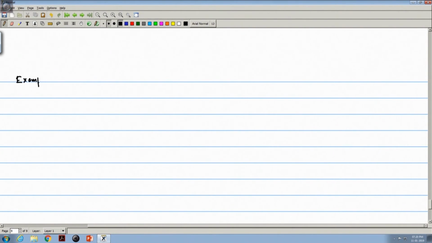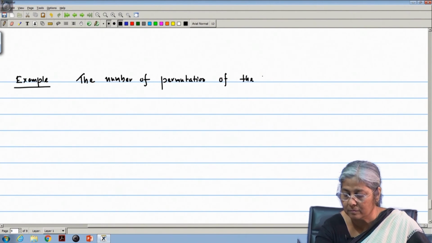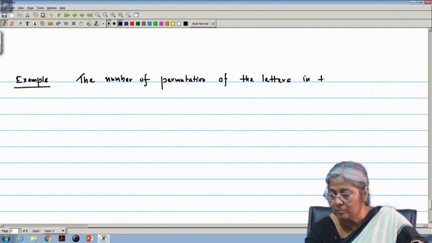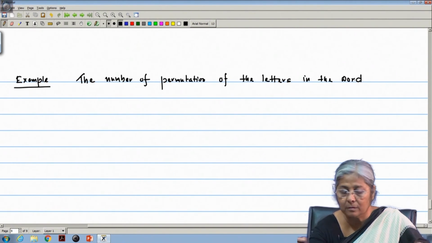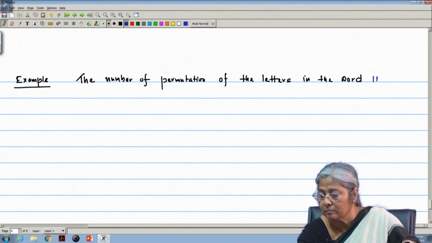So, quickly, let us see one example. We want to compute the number of permutations of the letters in the word, say the word is Indian.